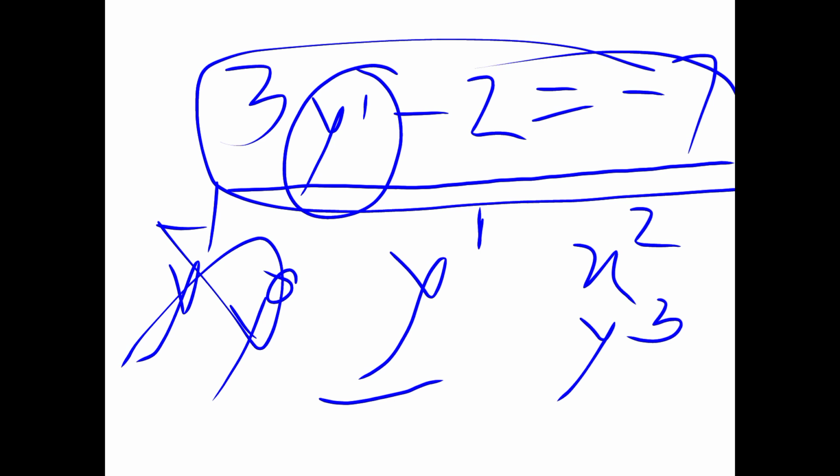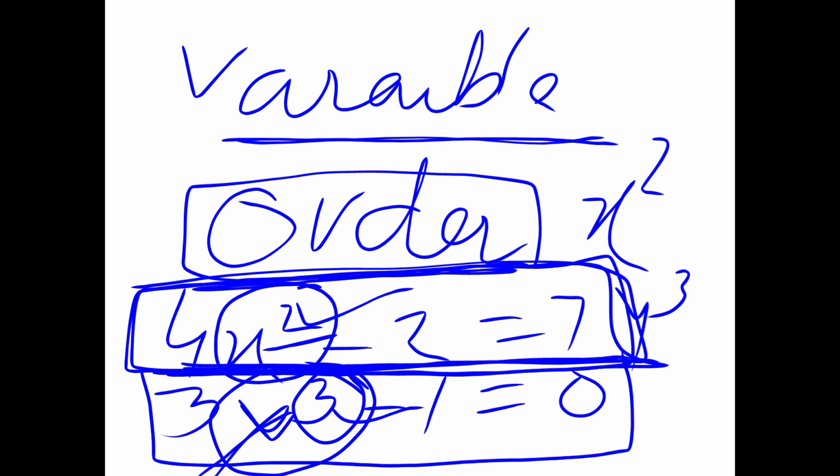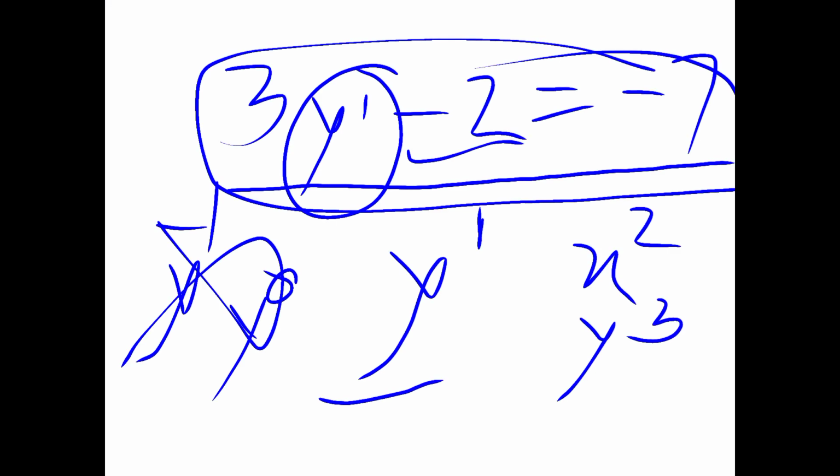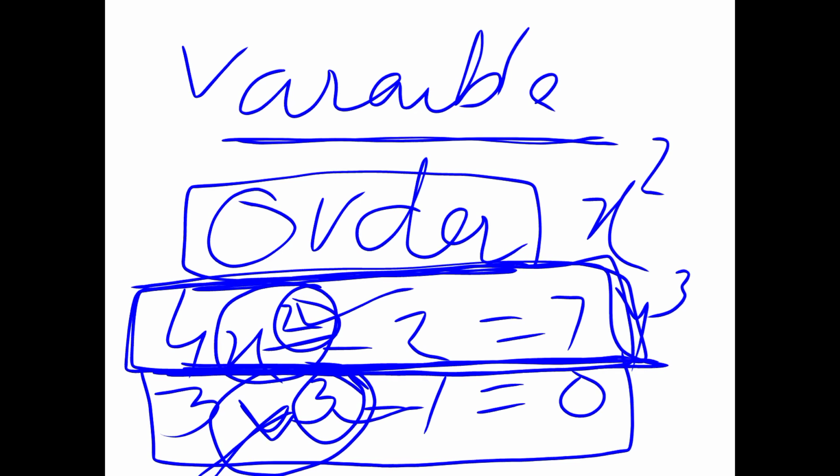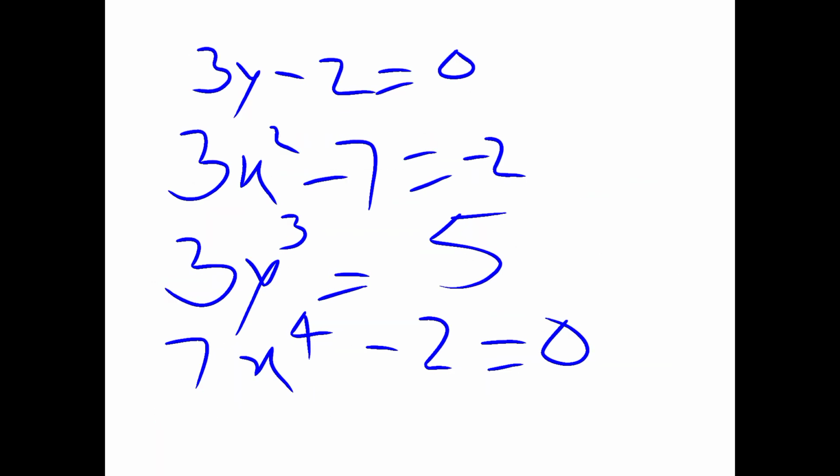It is 1, so its degree is 1. The equation having degree 1 is called an equation of first order. If the equation has a square as the highest power, it is called an equation of second order. If the equation is carrying the cube as the highest power, then it is called an equation of third order.